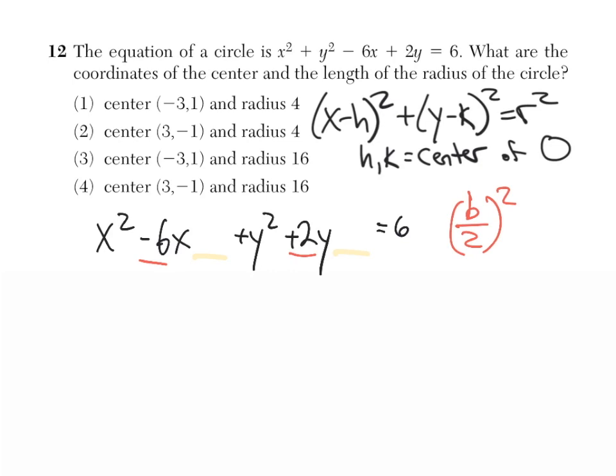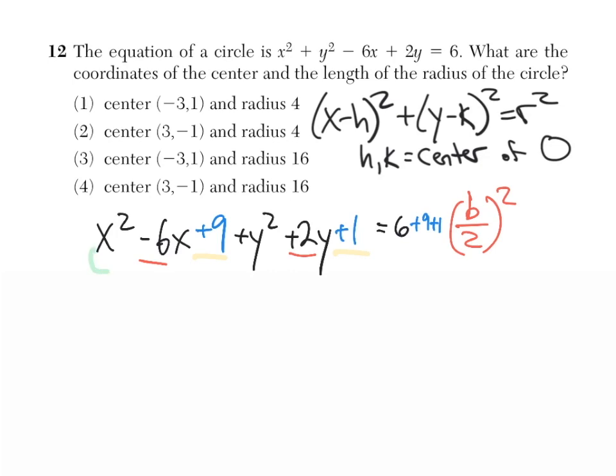Negative 6 divided by 2 is negative 3. Squared is positive 9. If we add something to one side, we've got to add it to the other. And I know that 2 divided by 2 is 1. 1 squared is 1, so we're going to add also a 1 to the right side. Amazing. All right.